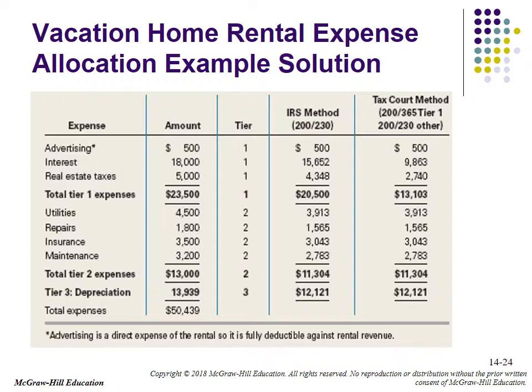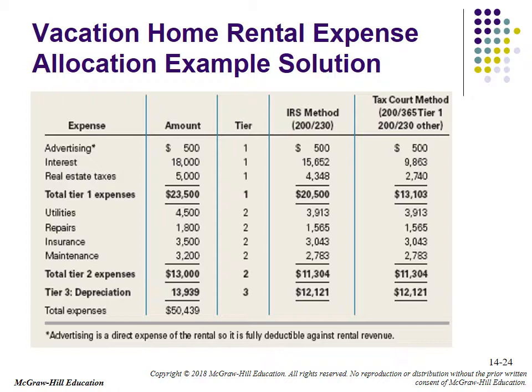Tier 2 expenses would be your utilities, repairs, insurance, maintenance, everything else but depreciation. Whether you're using the IRS method or the tax court method, the amount you're allowed as a deduction is computed the same way. You take each one of those items times the number of rental days over the total use days. Those total Tier 2 expenses equal $11,304.